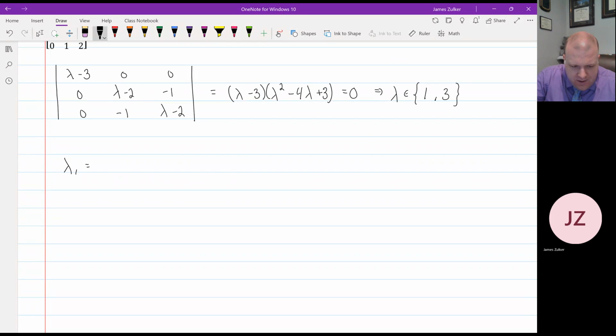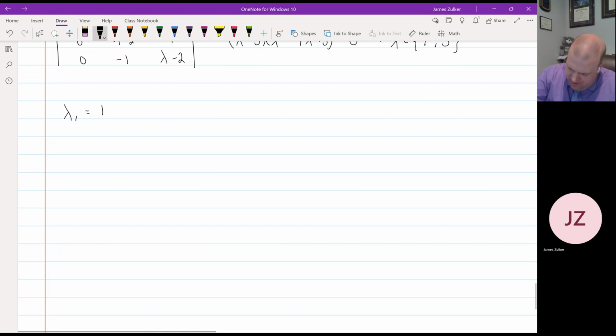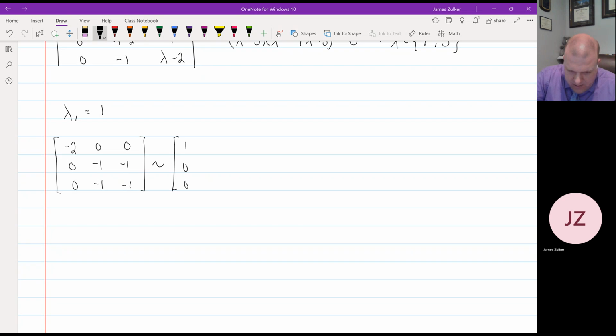Let's start with the eigenvalue 1. We'll reduce this. X1 is 0.